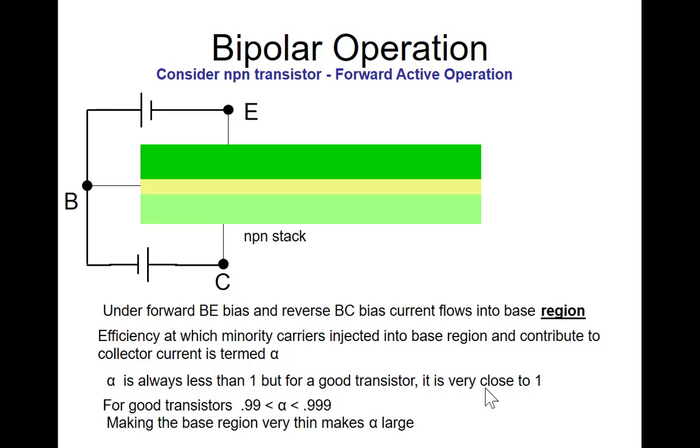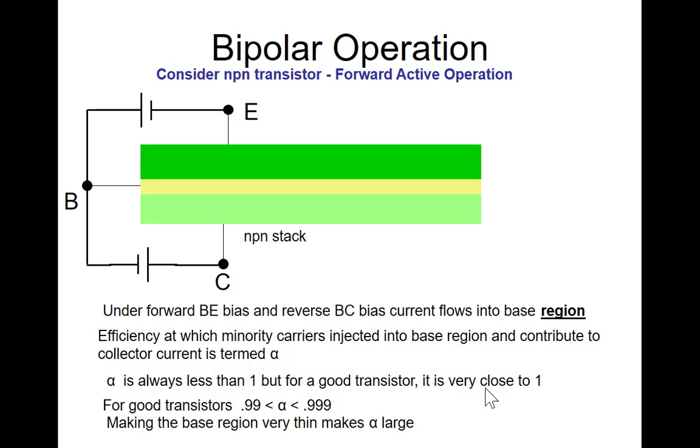If alpha were equal to 1, it means they'd all make it to the collector. Alpha is always less than 1, of course, but for what we consider to be a good bipolar transistor, which we'll see why that's important later, alpha is very close to 1. For a good transistor, alpha is typically between 0.99 and 0.999.